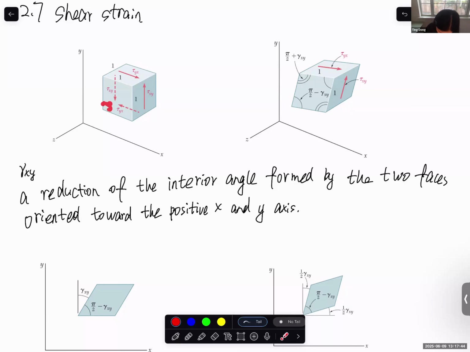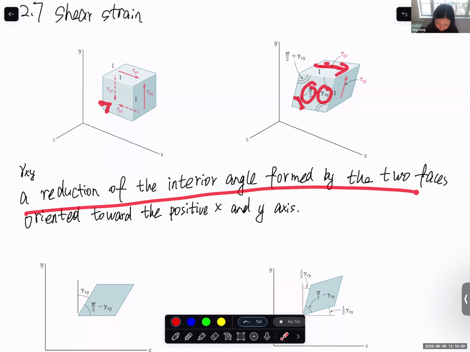You can consider it either this angle or this angle. After the shear force is applied, this angle reduces. It's 90 degrees, now it becomes 90 degrees minus gamma xy, and this gamma xy is the shear strain.